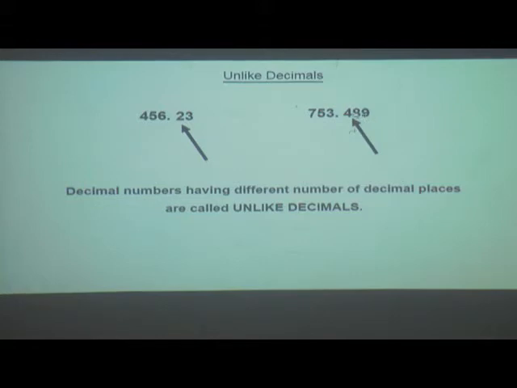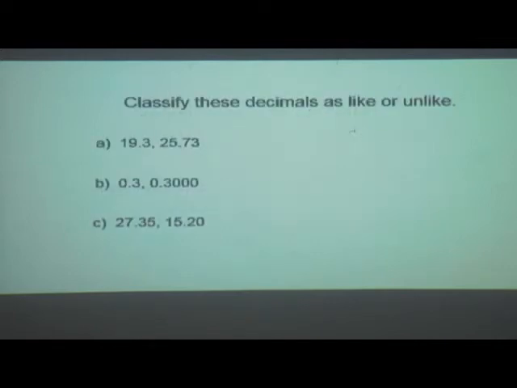So we can say these both are not like, it is nothing but unlike decimals. I think you understood what unlike decimals are. In short, after the decimal there should be an equal number of digits, or equal number of decimal places, then only it is said to be like decimals. If it has a different number of decimal places, then it is said to be unlike decimals.